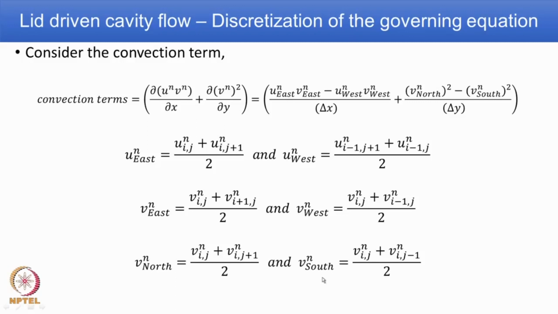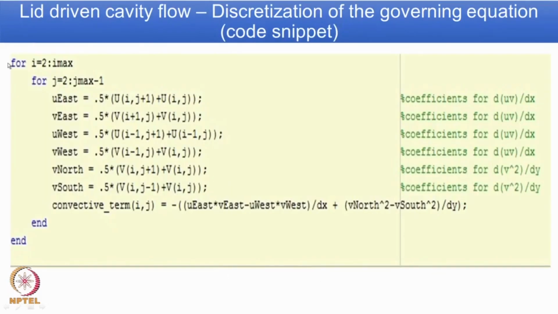So, once we define all this, we see the corresponding code. For I running from 2 to I max and for j running from 2 to j max minus 1, because on the top, that is the last j, we have a boundary condition implemented. So, it is only up to j minus 1.